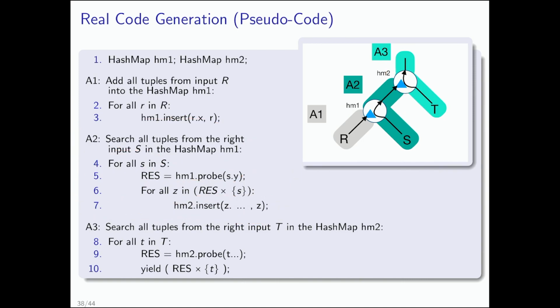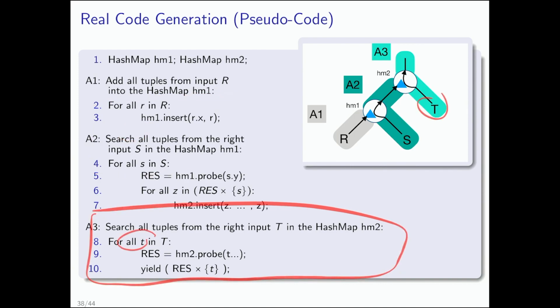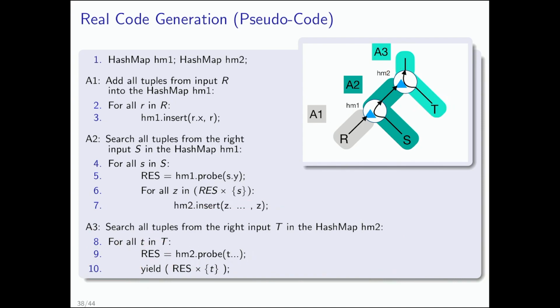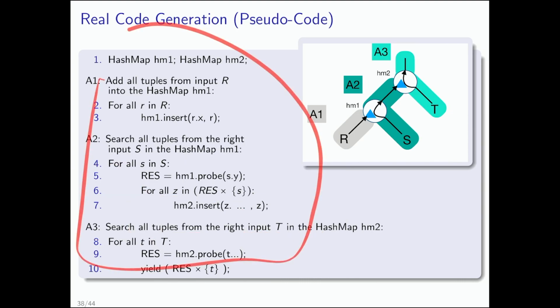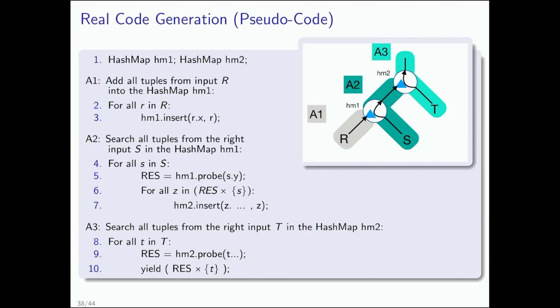Third segment, this one: for all tuples from T, you probe this hash map HM2, and if that produces something, you yield, which means you deliver it to whoever consumes the output of the query. That's basically how you create code, and you can create that code using whatever API or underlying execution language.